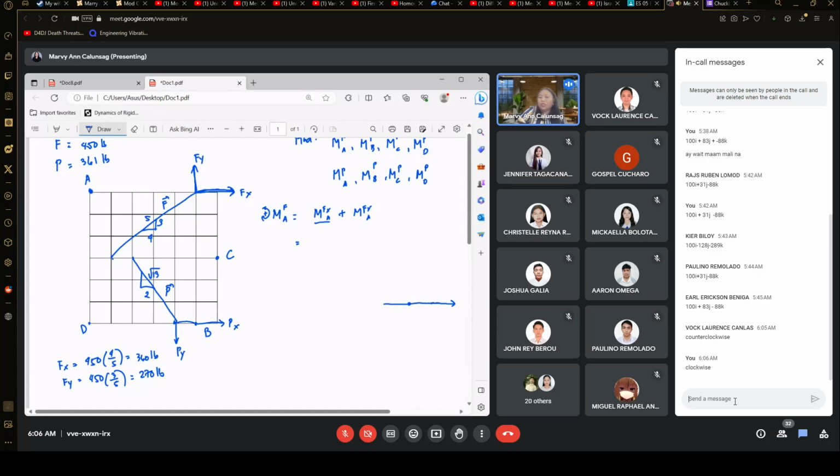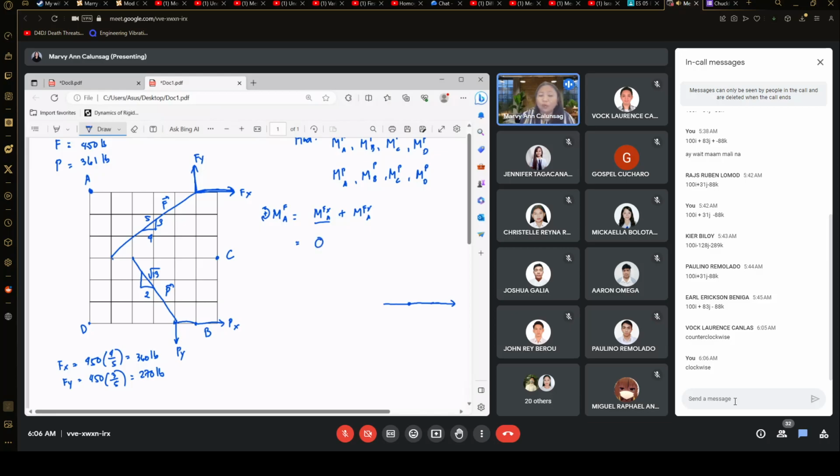We see that Fx passes through point A. If the force passes through that point, when you extend its line of action, then it has no tendency to rotate about that point. So it is zero. We don't ask whether it is clockwise or counterclockwise. It is zero, class, because it just passes through point A.